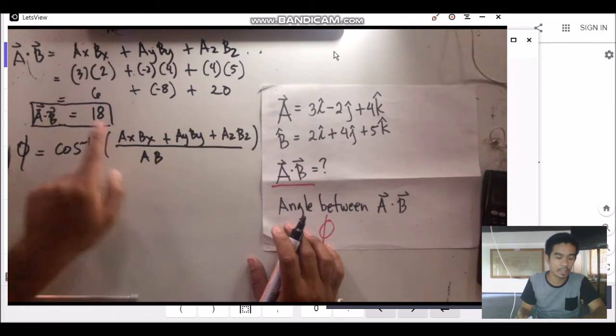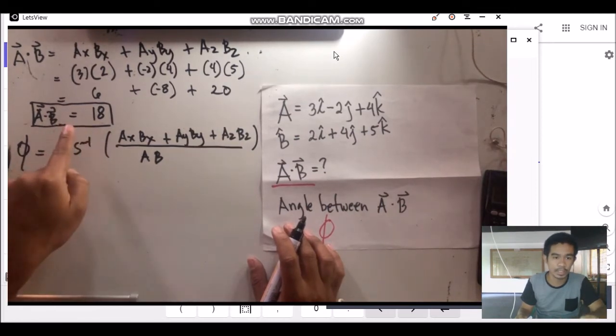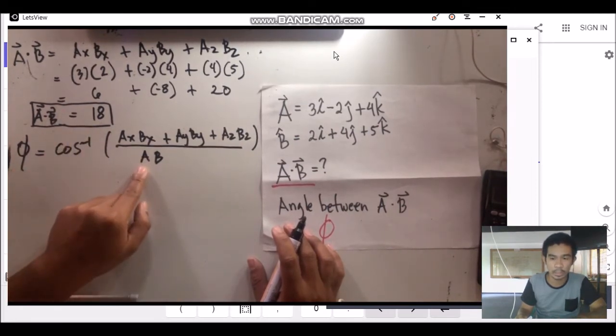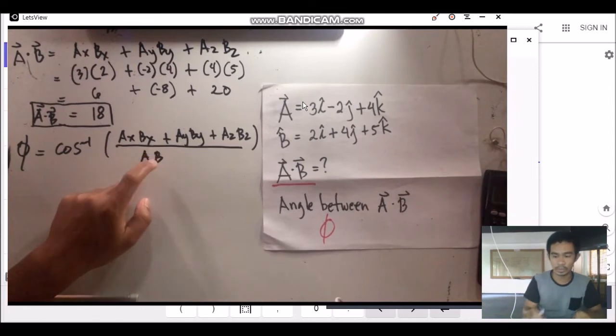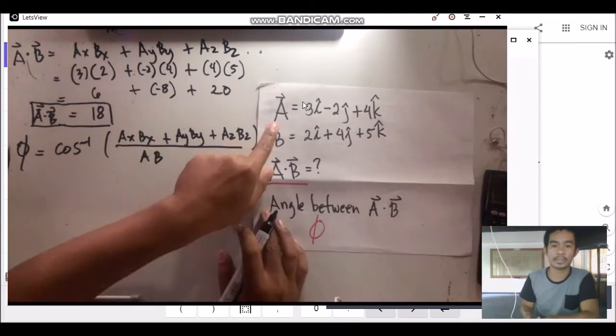This is the dot product of vector A and vector B, but we don't have the magnitude of A and the magnitude of B, so we need to look for the magnitude of vector A.